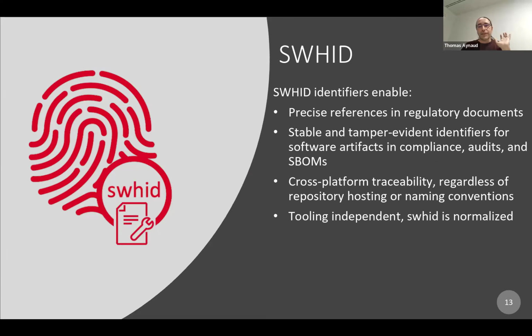SWHID identifiers enable precise references in regulatory documents. If you put a SWHID of your file, it's the most precise reference about your file that you can get, I think. It's stable and a tamper-evident identifier for software artifacts in compliance, audits, and SBOMs. You cannot modify a file without modifying its SWHID. So if you represent it by a SWHID, you are representing a specific, unmodified version of the file.